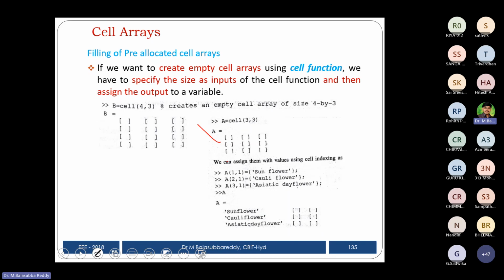A of 1 comma 1 means first row of first column, the value is sunflower. 2 comma 1, second row of first column, there is another data, and 3 comma 1, third row of first column, there is another data. The rest of the columns we are not entering, so they remain empty.